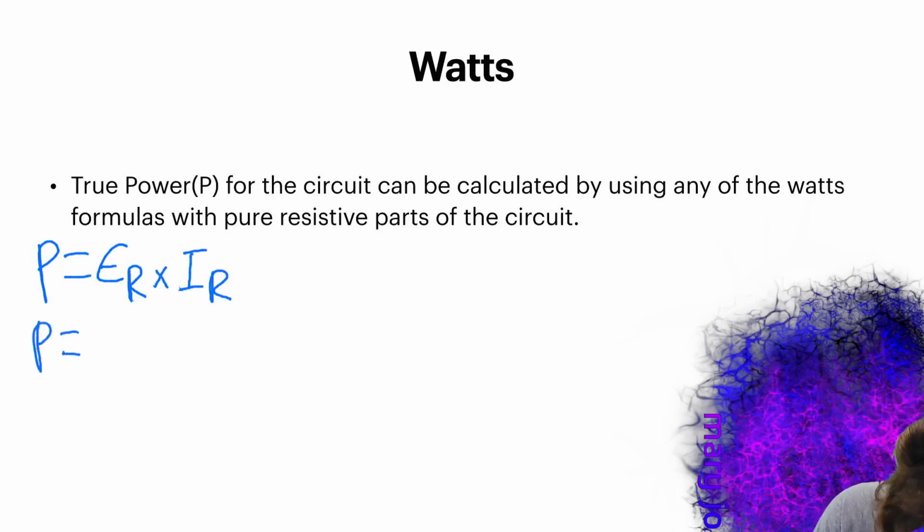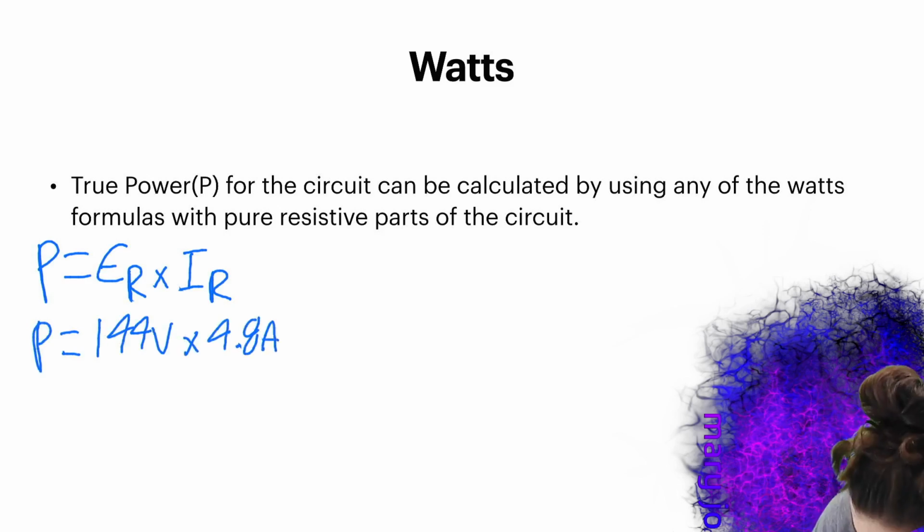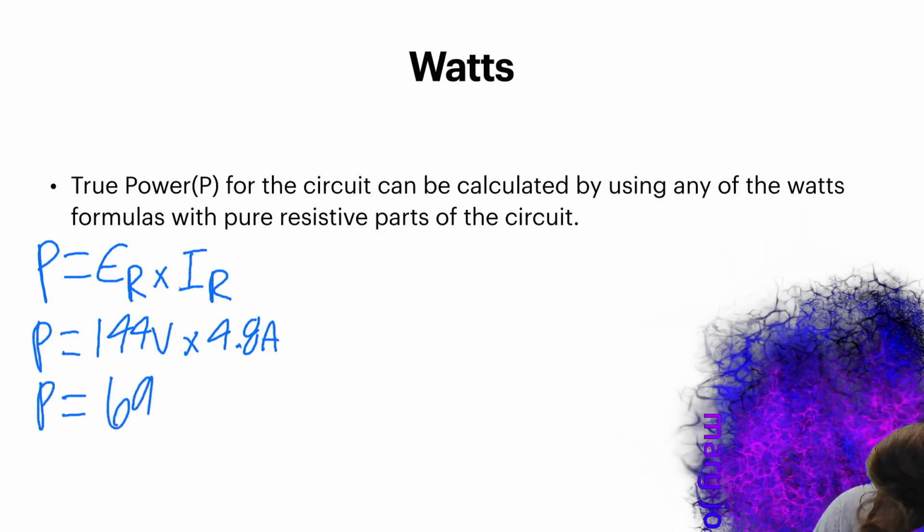So we would have 144 volts times 4.8 amps. This is stuff we've already found. So true power would be 691.2 watts.